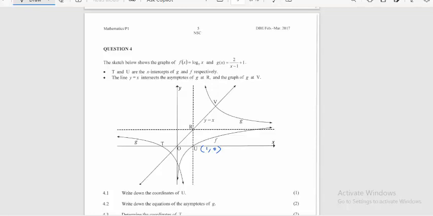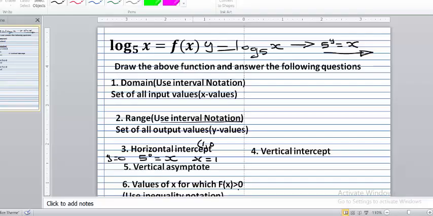Now going back again to the question, it asks us the domain, right? The domain, use interval notation.